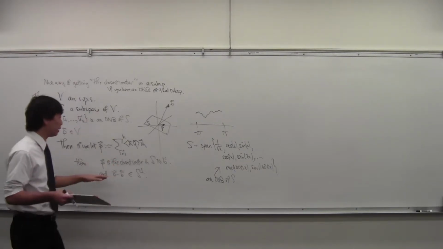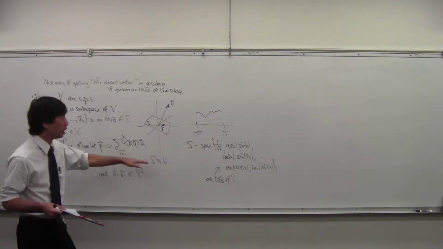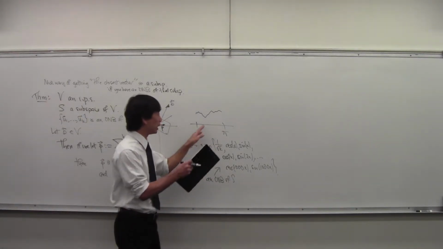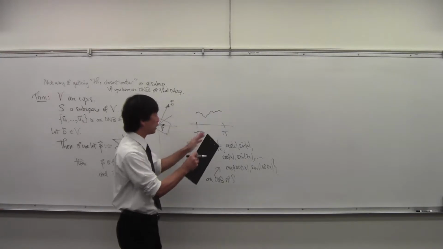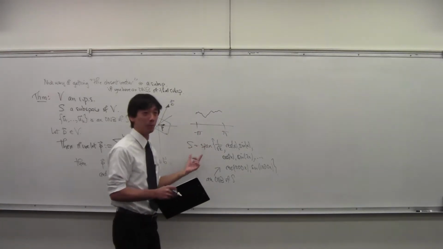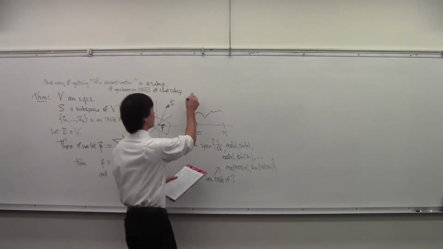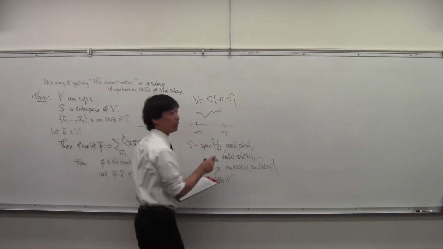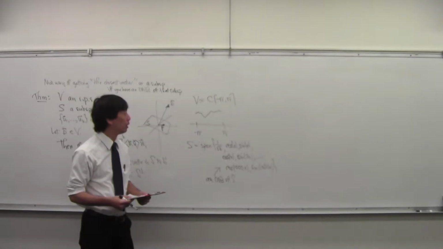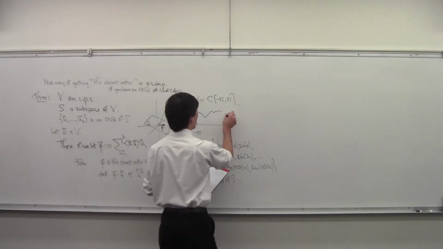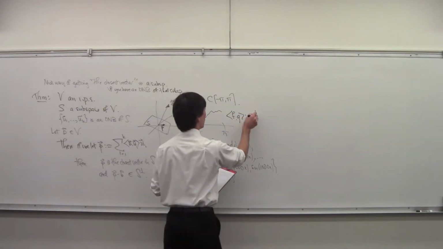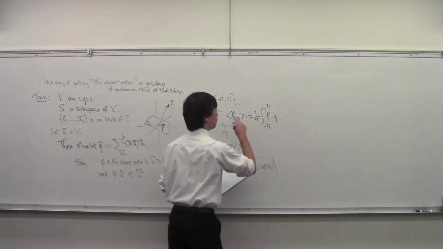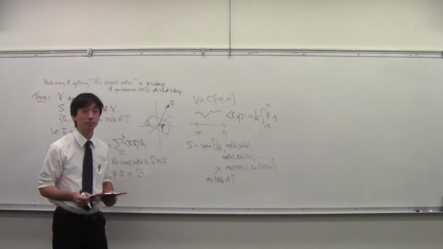The closest with respect to the sense of distance you have in this vector space. The vector space is continuous functions on some time interval, and you have an inner product, meaning you integrate one function against the other function.